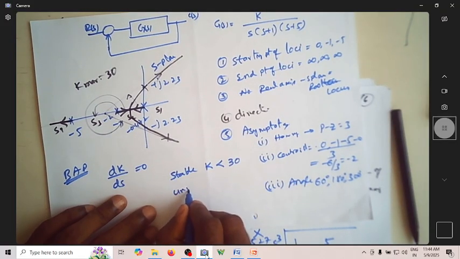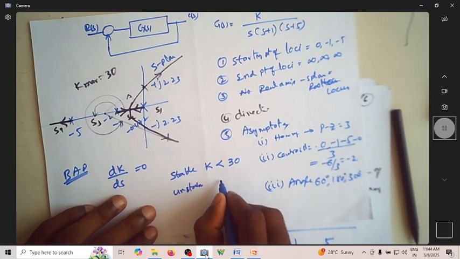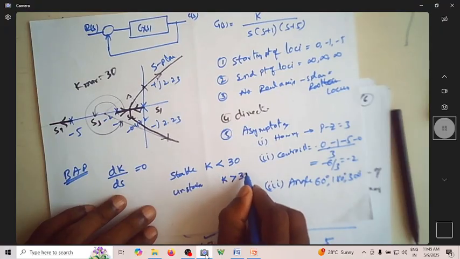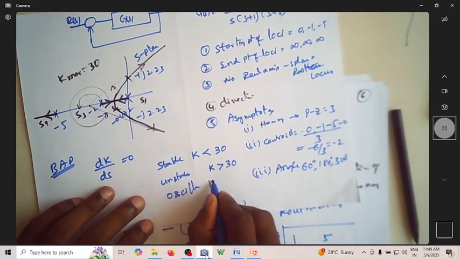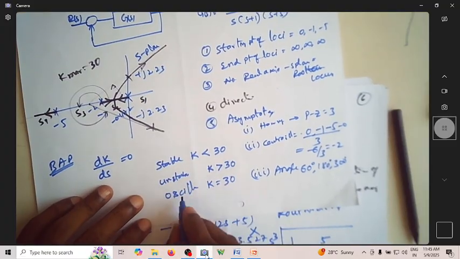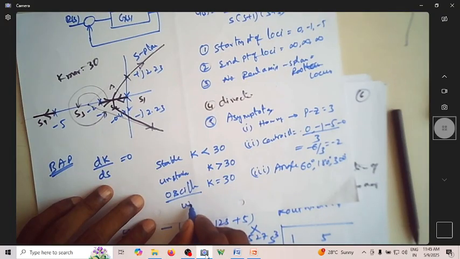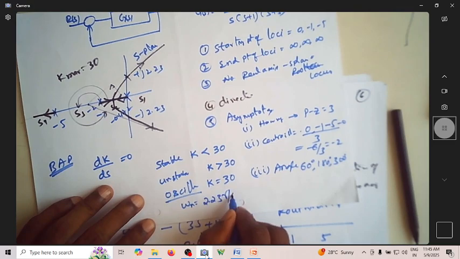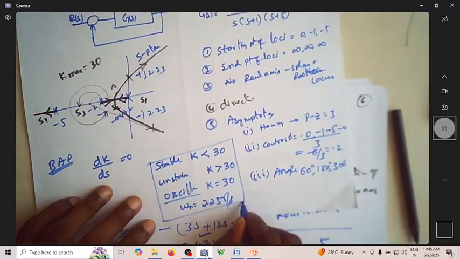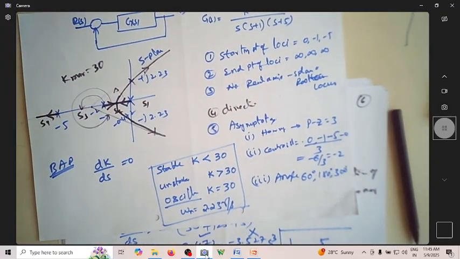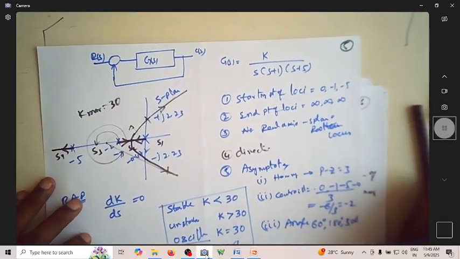It is unstable for values of k greater than 30. It is oscillatory when k is equal to 30. When it is oscillatory, the frequency of oscillation is 2.23 radians per second. So this is the entire summary of this particular system. This is a conditionally stable system.